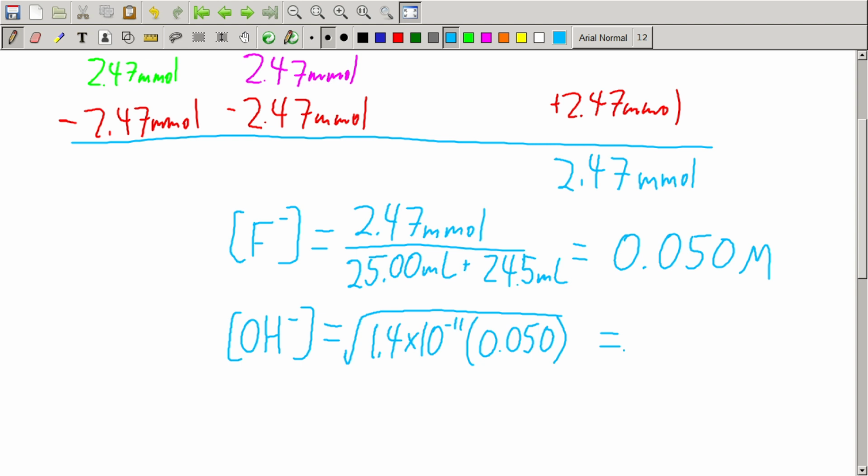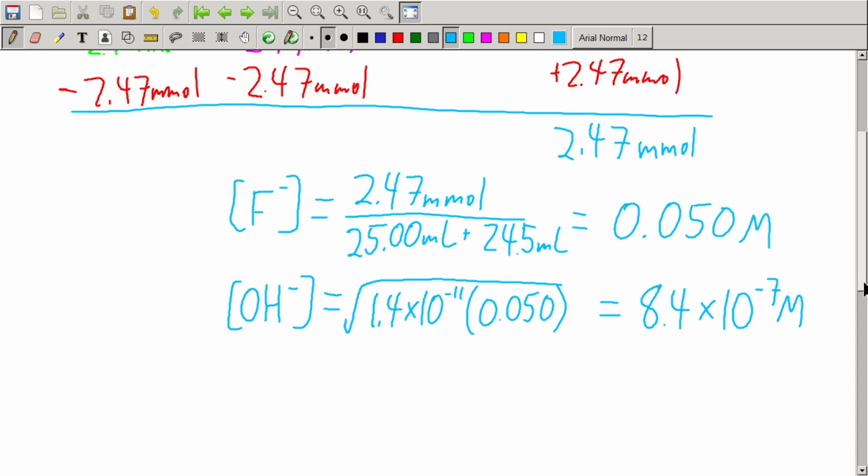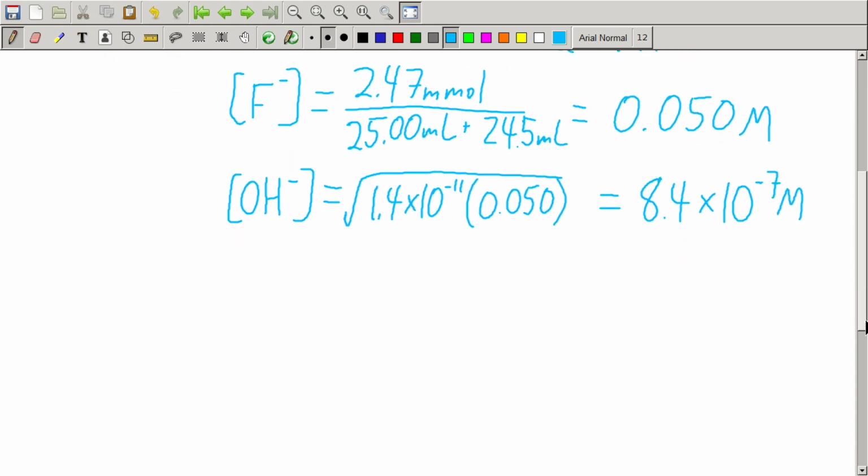So what do I get for a hydroxide ion concentration? Okay. And from that, again, what we have to remember is we're going to get the pOH. So what's the pOH of this titration mixture?